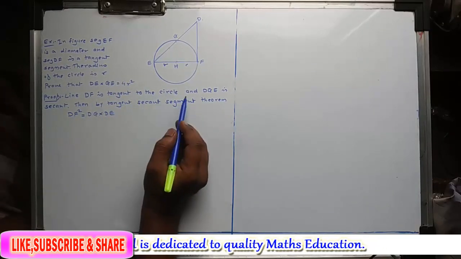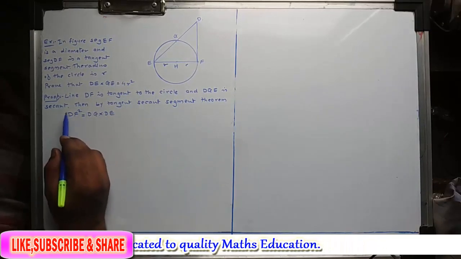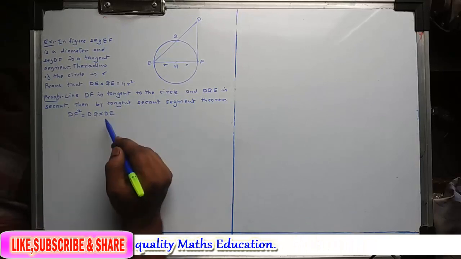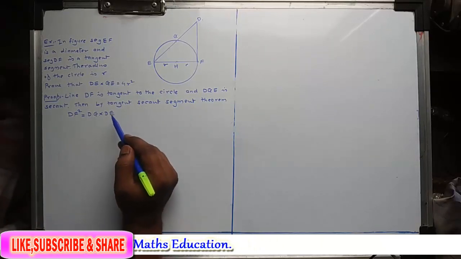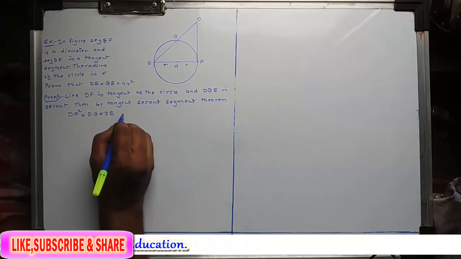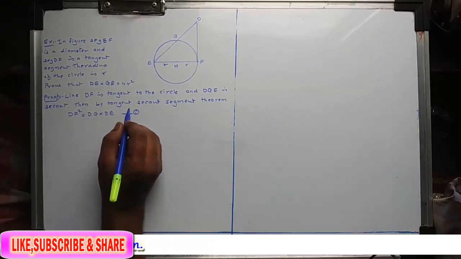Line DF is a tangent to the circle and DGE is a secant. Therefore, by tangent secant segment theorem, DF square is equal to DG into DE. Say this is equation number 1. Okay.